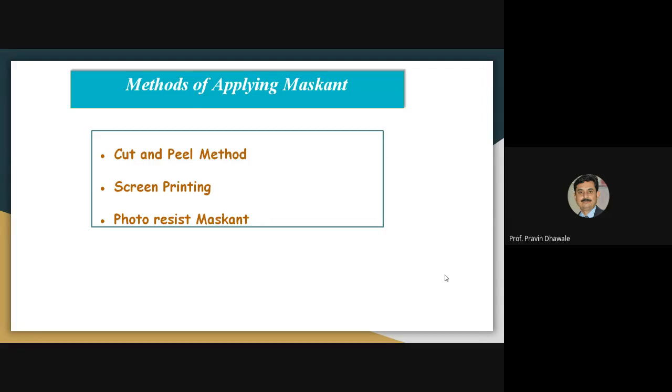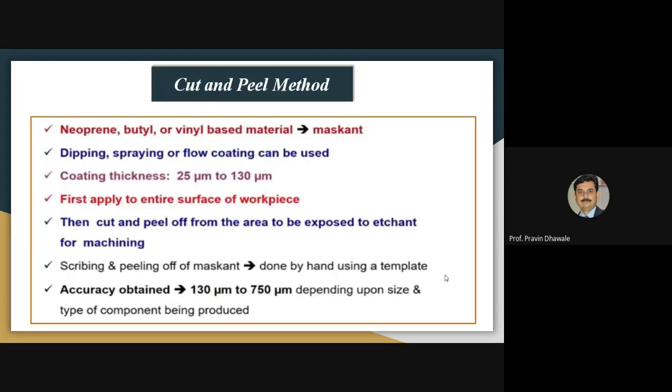Now, the next point is related to the method of applying the maskant. There are three methods by which we can apply the maskant over the workpiece. First, the cut and peel method. Second, screen printing. Third, the photoresist mask. The first method is the cut and peel method, where the maskant is a neoprene, butyl, or vinyl based material.